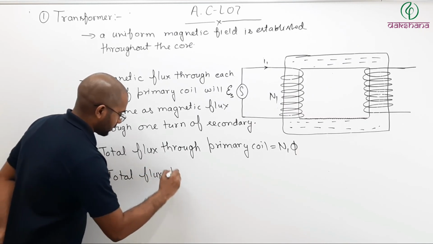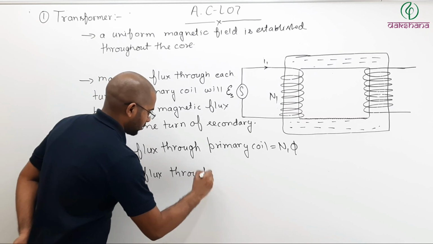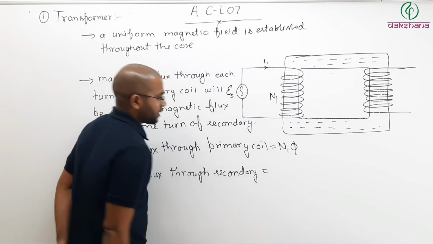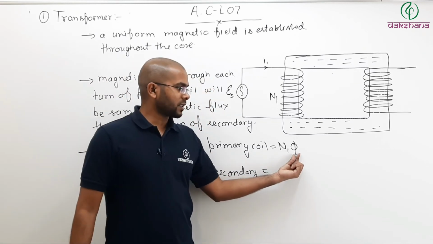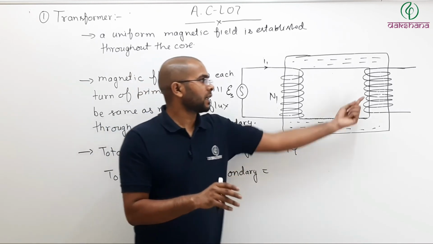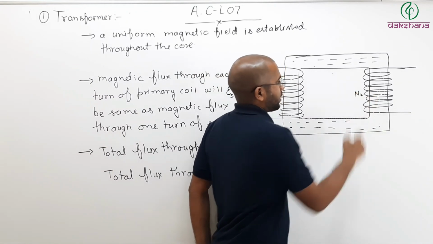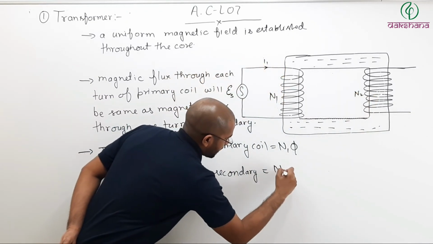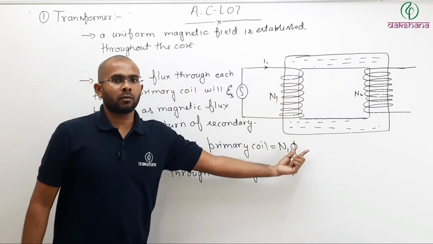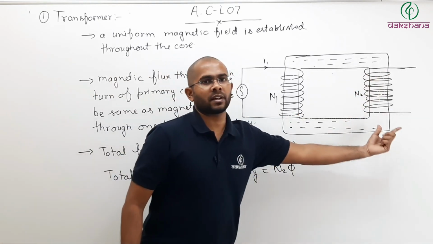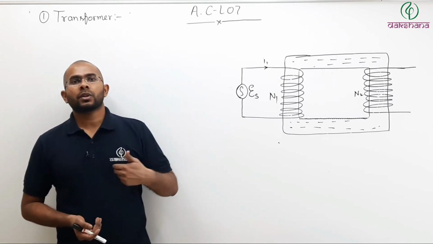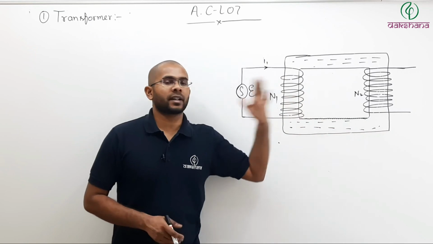The flux per turn is the same in both, so here it will be N2 number of turns, and the total flux will be N2 times phi. So this is the total flux through the primary coil, and this is the total flux through the secondary coil. Pause video, note it down, then we will discuss further. Now we know the total flux through the primary coil and the secondary coil.